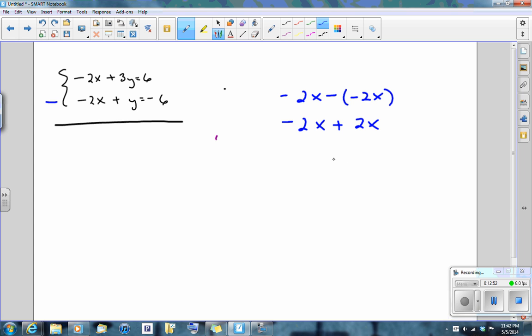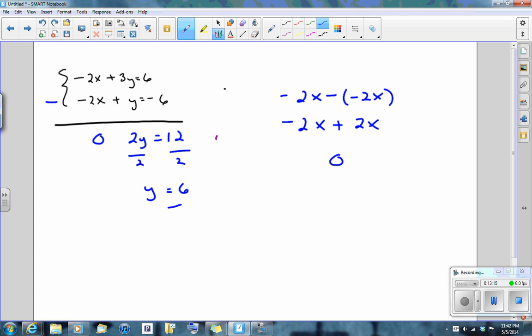You get 0 when you add those together, by the property of opposites. So our x term, goodbye. 3y minus y leaves us 2y. And then 6 minus -6 is 12. And then we can divide by 2, y equals 6.